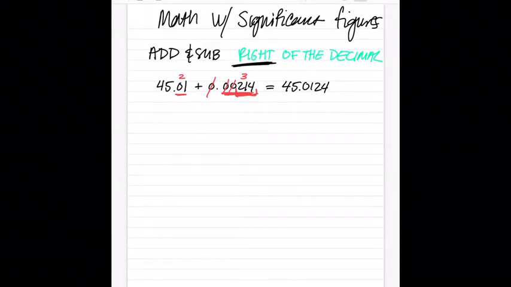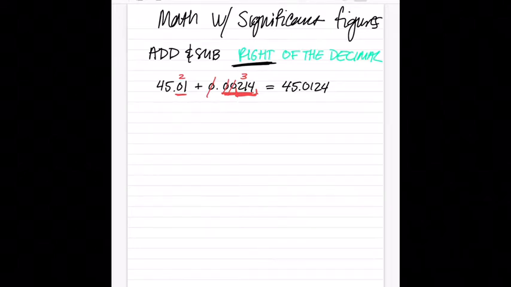The other purpose of this, and why I really teach this, the reason why you need to use it, is so you know where to round. You don't have to ask me anymore, Miss Smith, where do I round to? According to these rules, it tells you exactly where to round. So we know that our answer can only have the same amount of significant figures as the least.